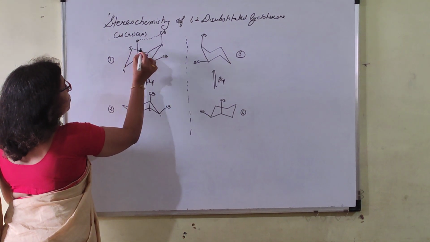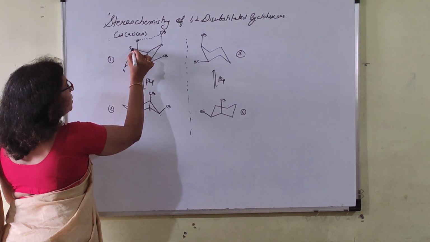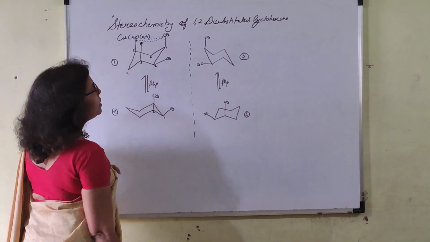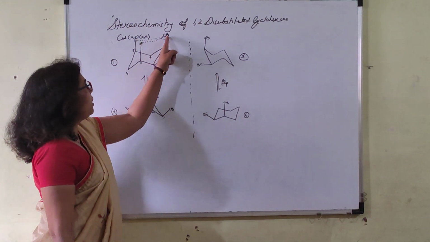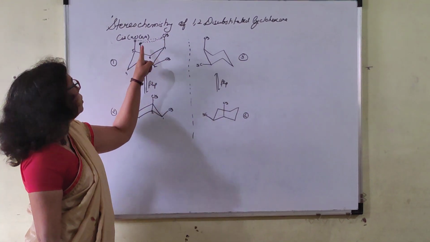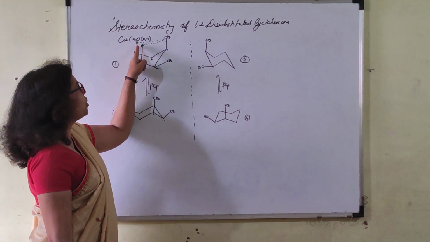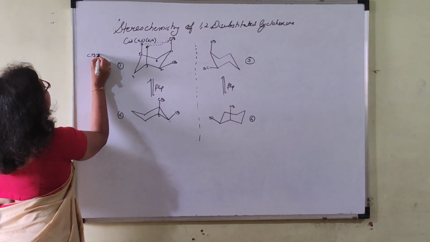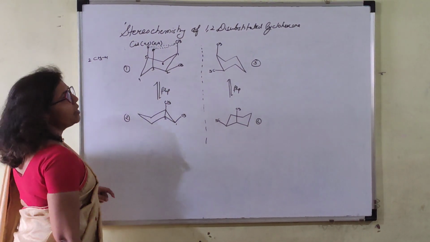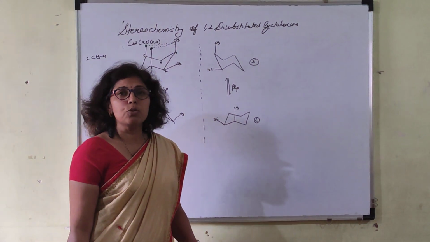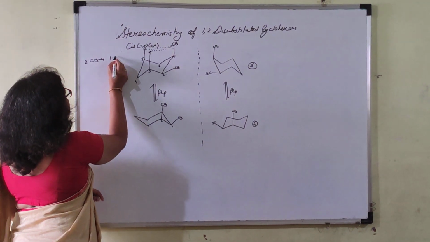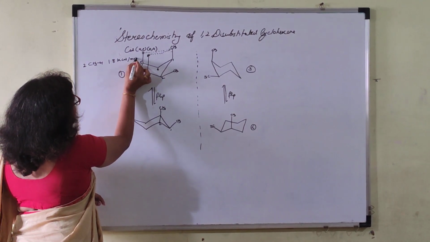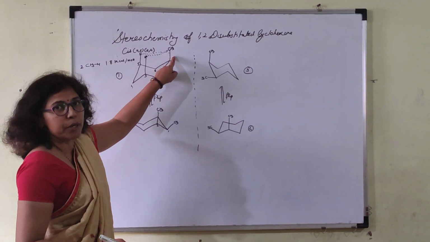Likewise, 1, 2 and 3, this axial hydrogen also has an interaction with the CH3 group. Therefore, one axial CH3 group will give two 1,3 diaxial interactions, and each CH3-H interaction contributes 0.9 kilocalories. So, a total of 1.8 kilocalories per mole of energy is associated with one axial substituent.